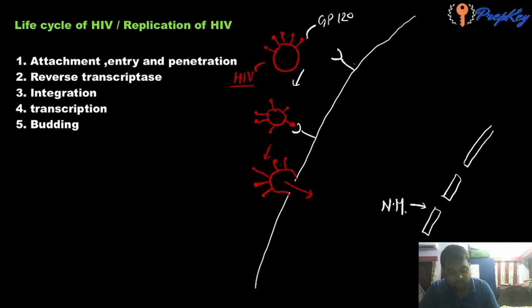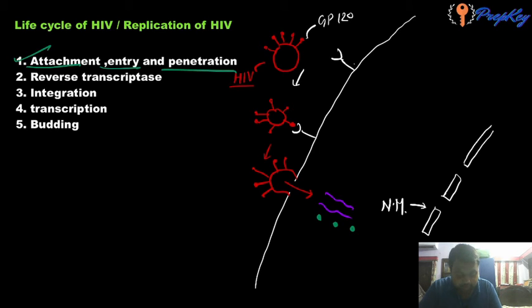What kind of genetic material? Single-stranded RNAs, and certain enzymes: reverse transcriptase, integrase, protease. That's the first step here: attachment, entry, and penetration.